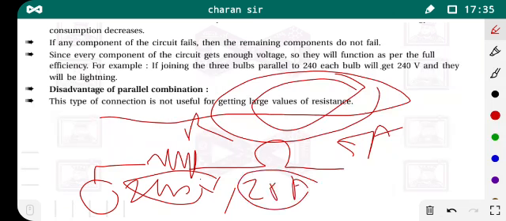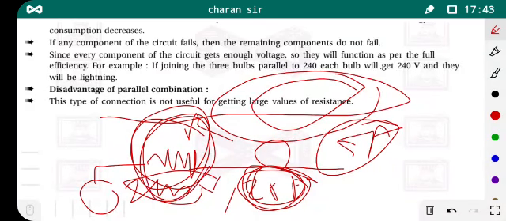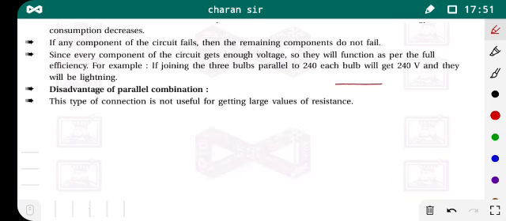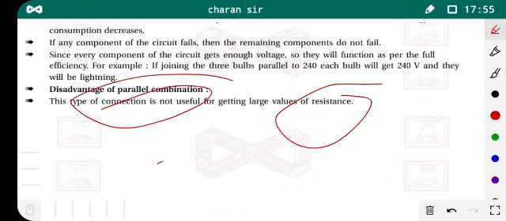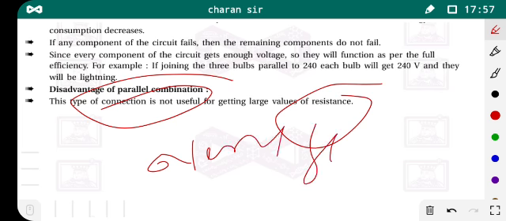So we must reduce these 25 amperes to 5 amperes. At that time we connect a large value of resistance, but the parallel combination does not give a large value of resistance. So this is the disadvantage of parallel combination over the series combination.